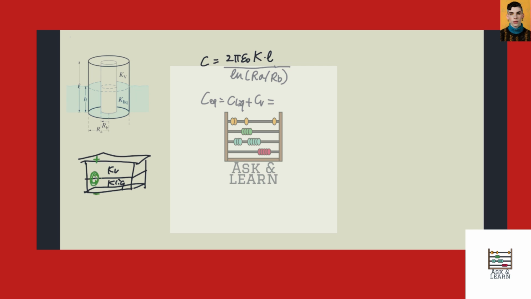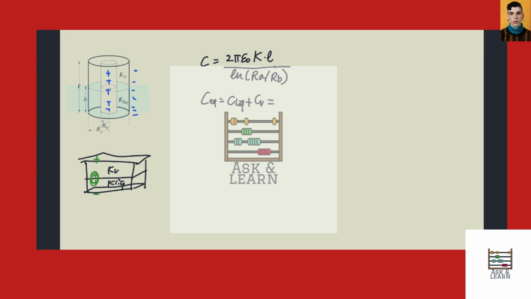But this is not the same for cylindrical cases. Say the middle is positive and the outside is negative. When they're connected like this, it's like connecting their positive plates together and their negative plates together. That's why we think of them as two capacitors connected in parallel instead of series.